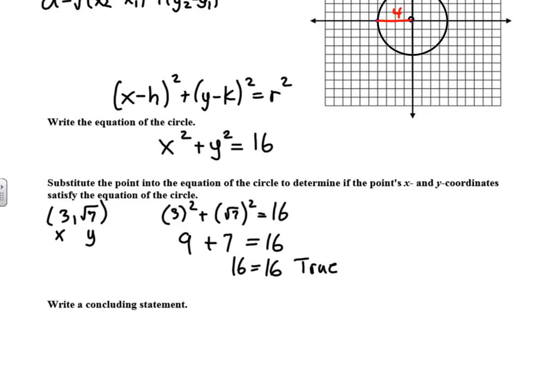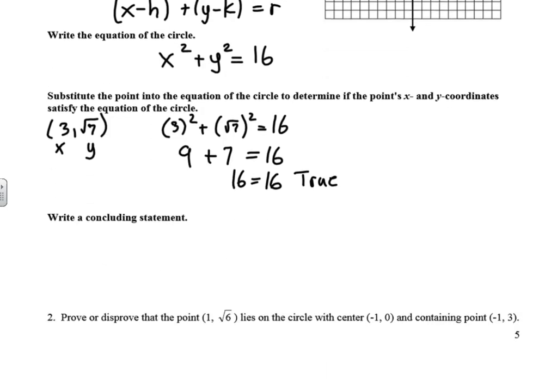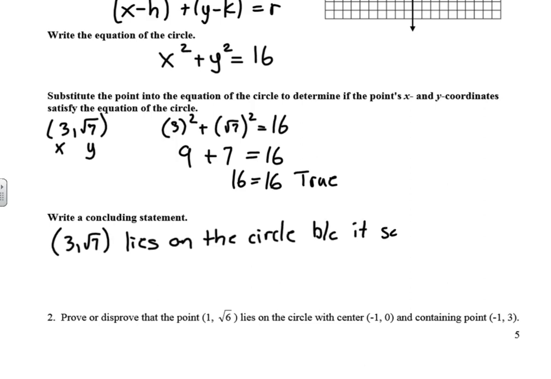That's true. Then we write a concluding statement: (3, square root of 7) lies on the circle because it satisfies the equation of the circle.